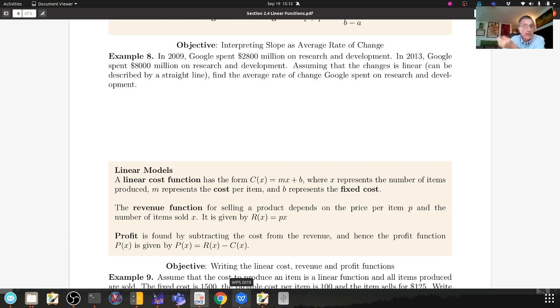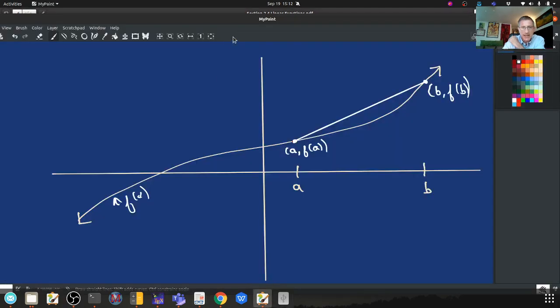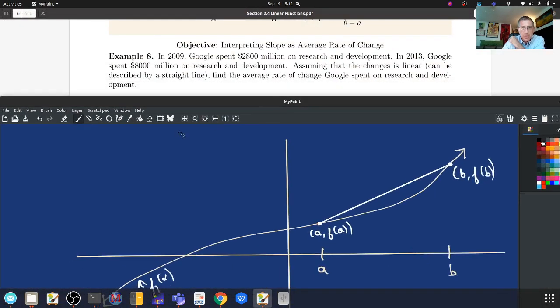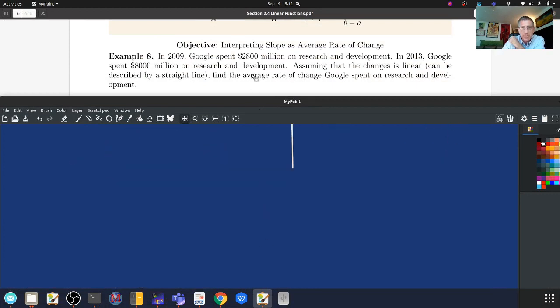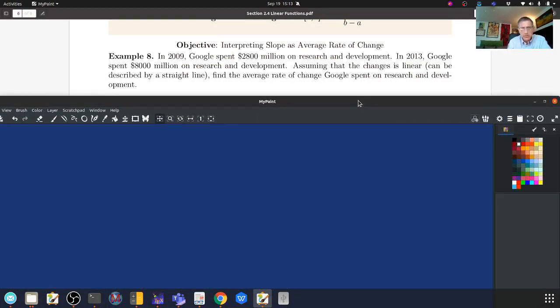So here we can do it in one of two different ways. We're going to do it the easy way. So literally we have, in this case, our model is a coordinate system where the x-axis is actually time.